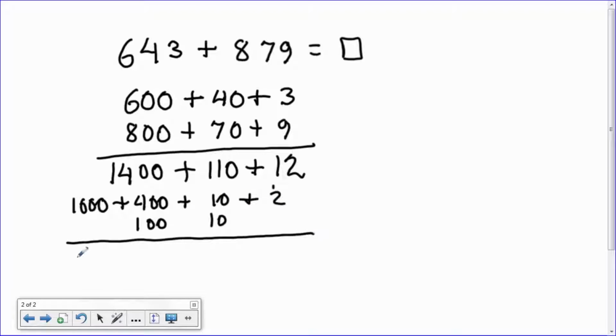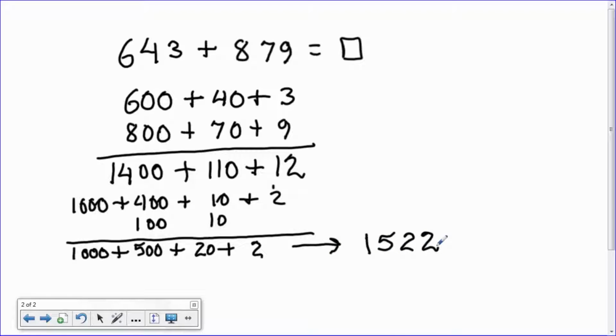And so now they have 1,000 plus 500 plus 20, and finally plus 2. And then they'll write this in what we call standard form. So this will be 1,522. So here is an example, 643 plus 879.